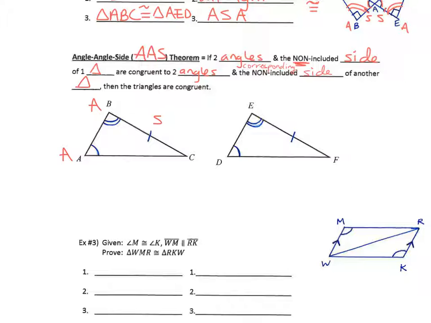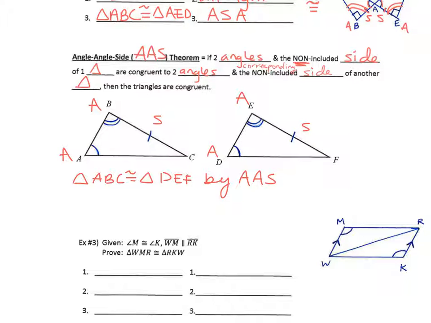It's not the included angle, but it wouldn't make these congruent because it's not the corresponding non-included side. It has to be the one that matches up with the other triangle. Does that make sense? So in this case, single arc, double arc, side is what we're looking at. So we would say triangle ABC is congruent to triangle DEF by angle, angle, side, okay?